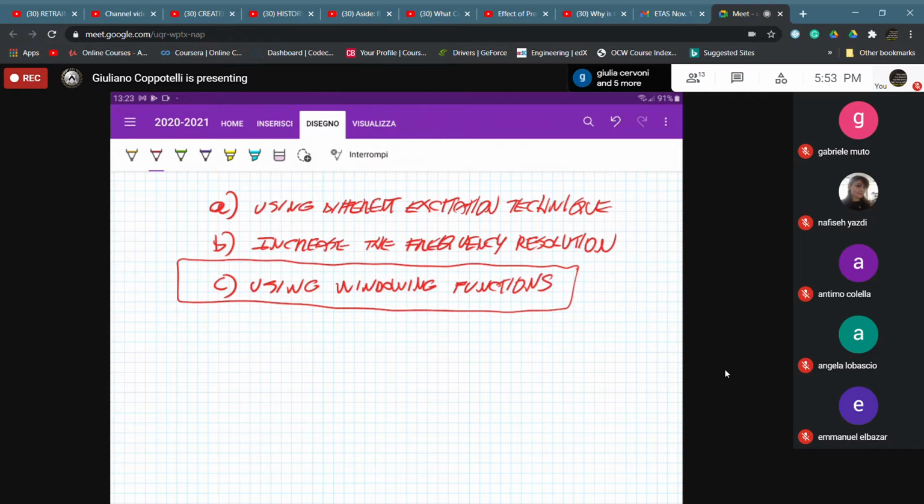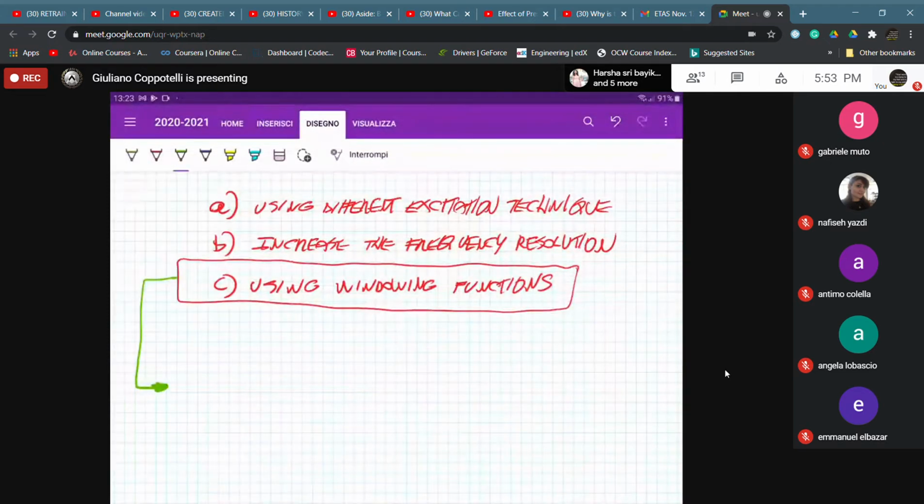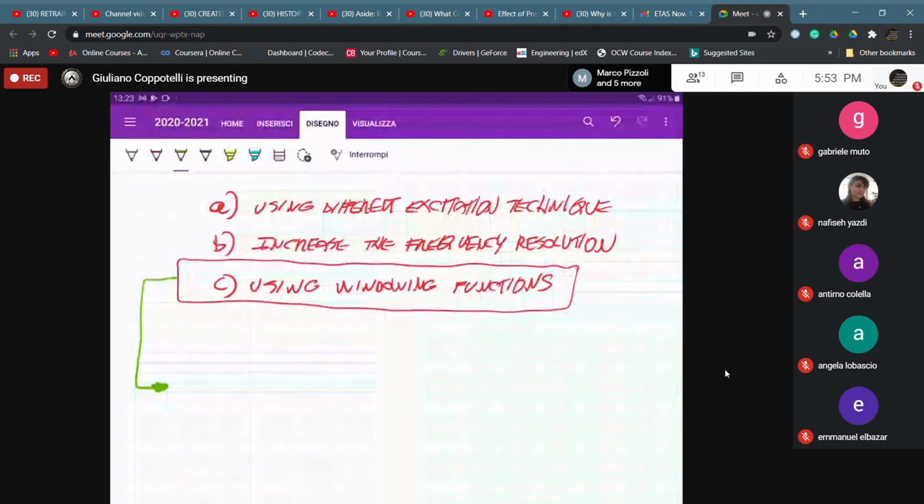What is this approach? The approach that we are considering, that is the use of windowing function, is trying to reduce the discontinuities that we are fictitiously introducing to your signal analysis because of the required periodizations.